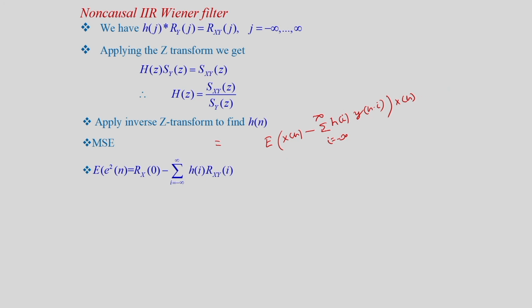Therefore, only this expression will remain, and that is equal to Rx(0) as the first term, minus summation h(i) Rxy(i), the cross correlation, i going from minus infinity to plus infinity.